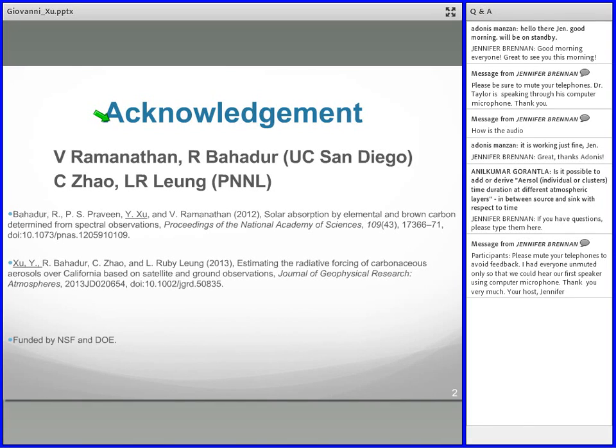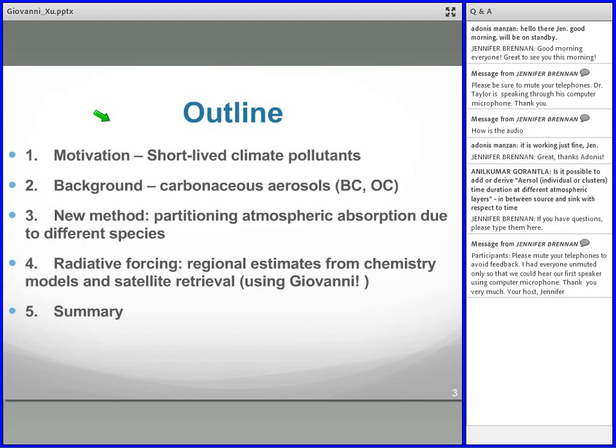So I found out we have a very diverse audience in this workshop, so I want to spend a little bit more time on the background part to give the audience a broad picture of the motivation of our study. I will introduce the concept of short-lived climate pollutants first, and especially one of them, the carbonaceous aerosols, including black carbon and organic carbon.